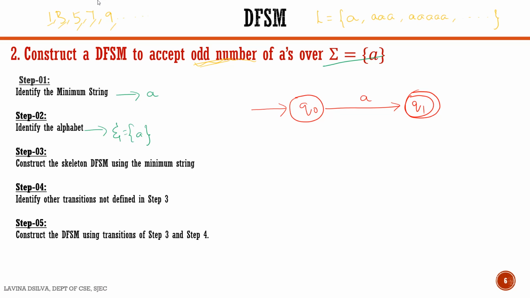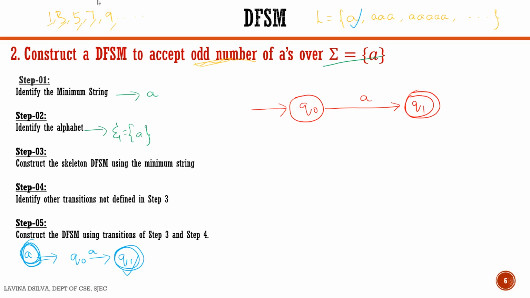Therefore, if we were to see the traversal of the string A, it would look like this. We were in state Q0, we saw an A, and we came to state Q1. We finished processing our string A. We know that Q1 state is our final state, so this is accepted by this DFSM.